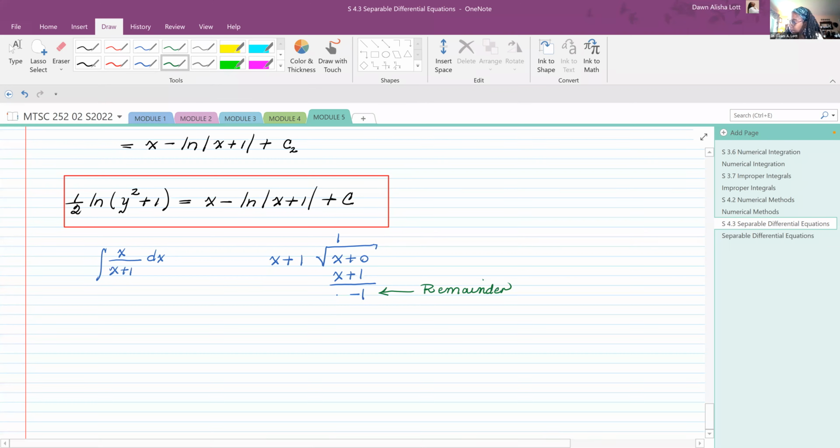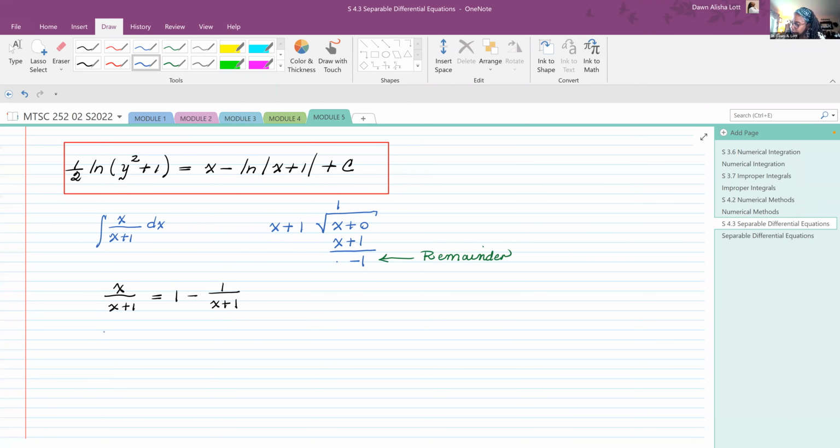So x over x plus 1 is actually equal to 1 minus 1 over x plus 1. So it factors like that.